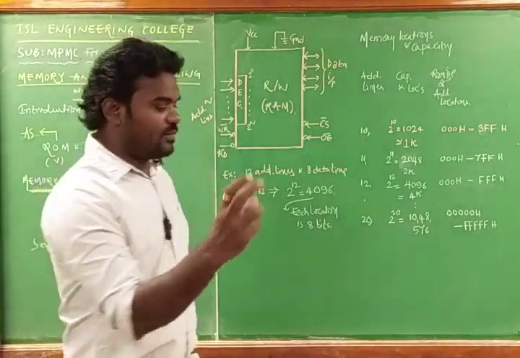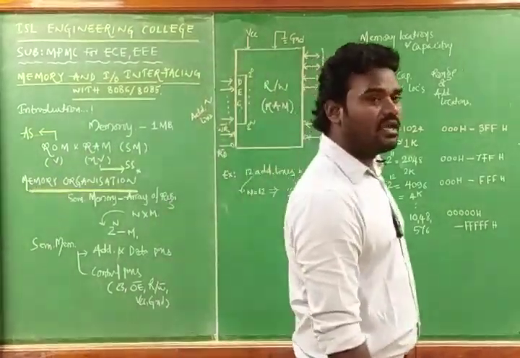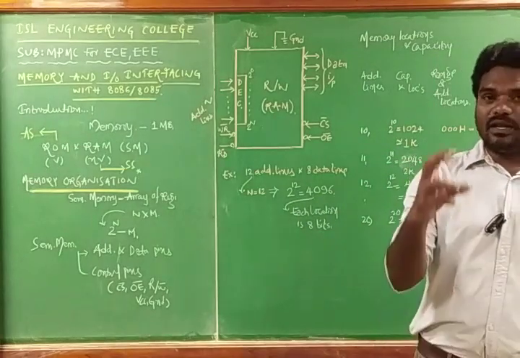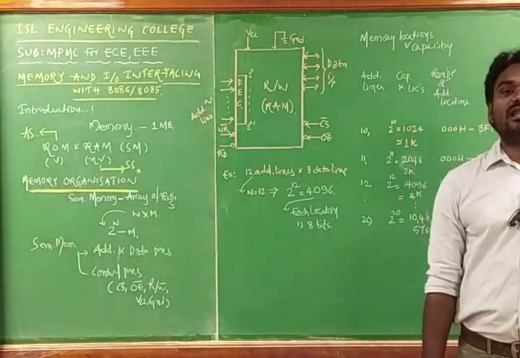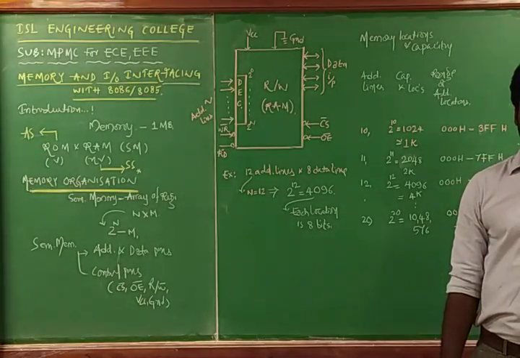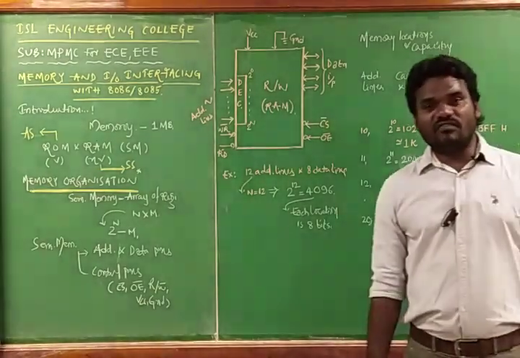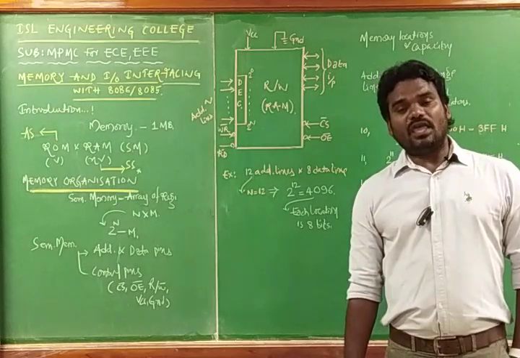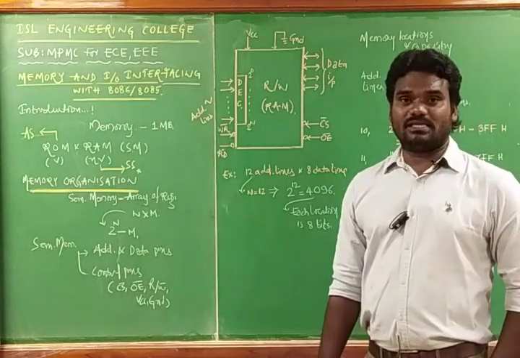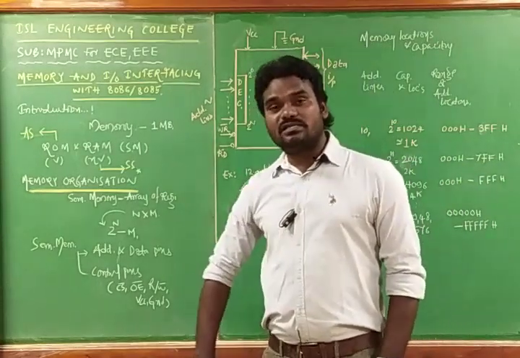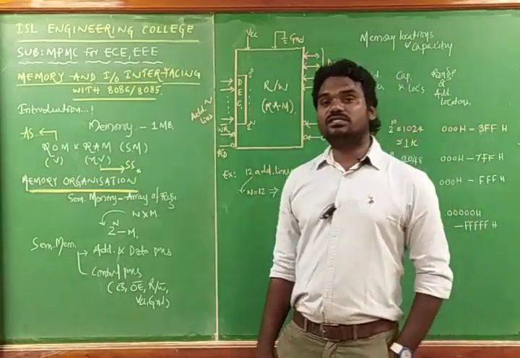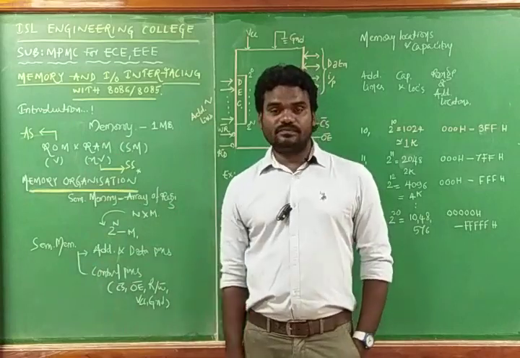The capacity of a memory can be defined by the number of address lines by which it can be accessed. Based on the number of address lines, we can determine the memory capacity of any storage device or memory.